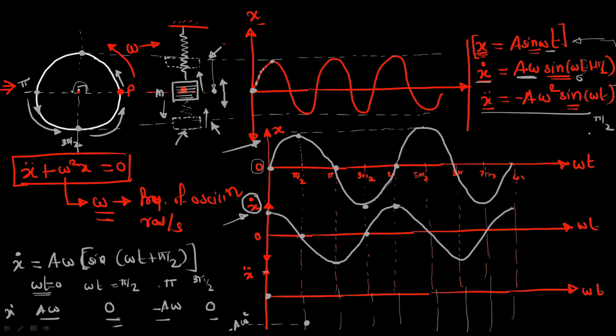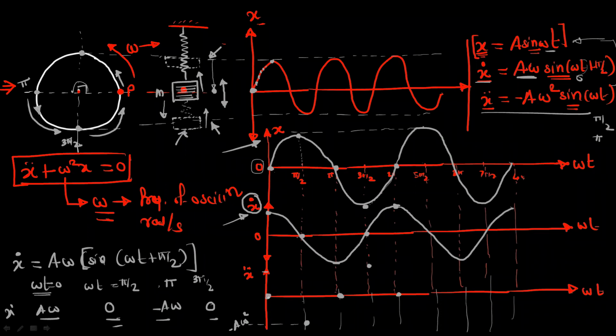Then put the value pi. Sine pi is 0. So this is the third point. Then put the value 3 pi by 2. So this is minus 1, minus minus plus, so you will get the value positive. And after 2 pi, again it is 0.